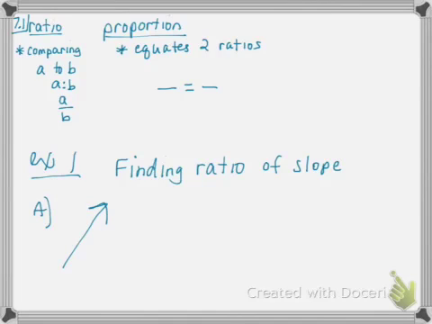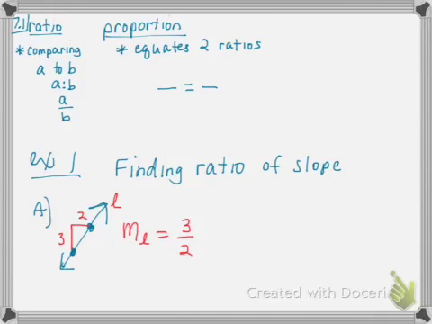I'm going to sketch a line for you. I'm going to put it on a coordinate plane with dots, and after that I'm going to count. So let's just say when I count I go up 3 and right 2. Let's call this line L. We're going to say the slope of line L is equal to rise over run. Rise over run. It should be automatic.